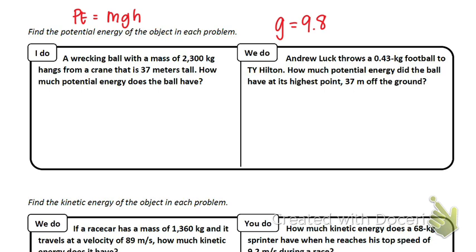Okay, this first one says we have a wrecking ball with a mass of 2,300 kilograms and a crane that is 37 meters tall. So what does 2,300 stand for? The M, and 37 is height.